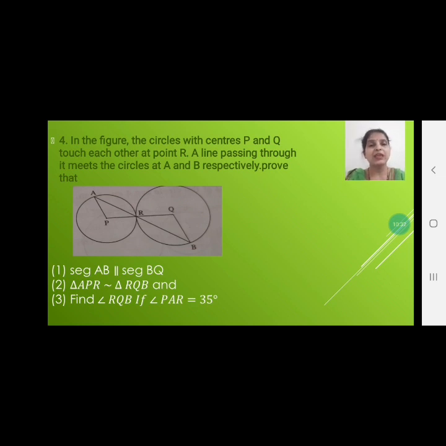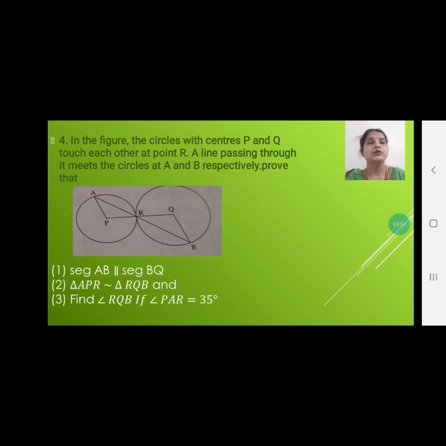Triangle APR is similar to triangle RQB, and find angle RQB if angle PAR is equal to 35 degrees. The concept that we have to use here is touching circles, obviously, and the properties of parallel lines.